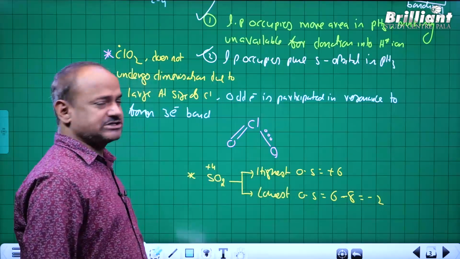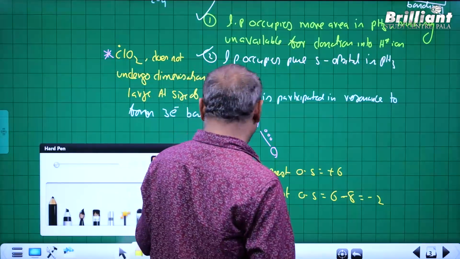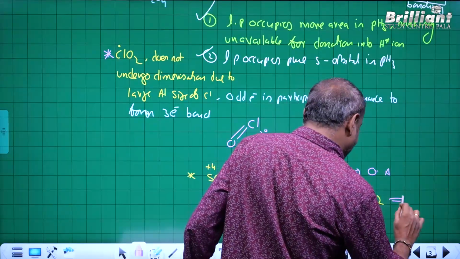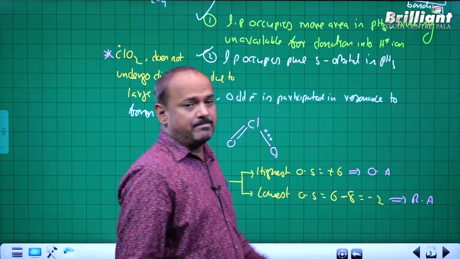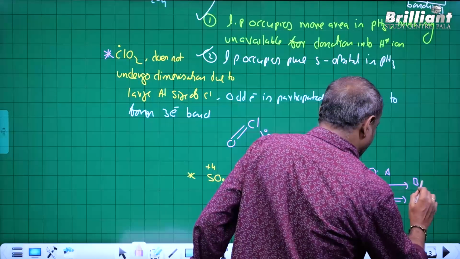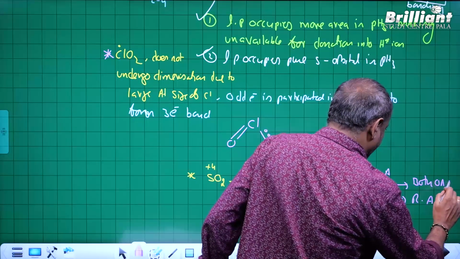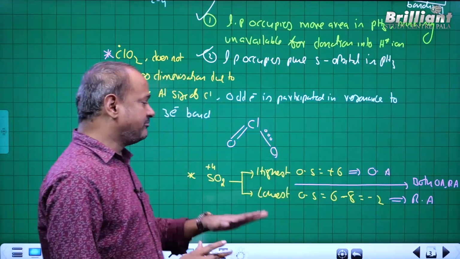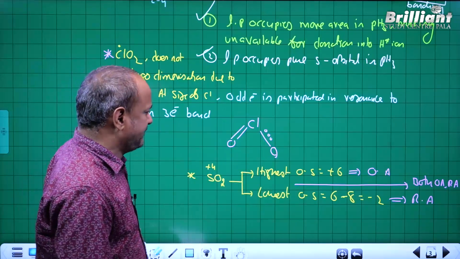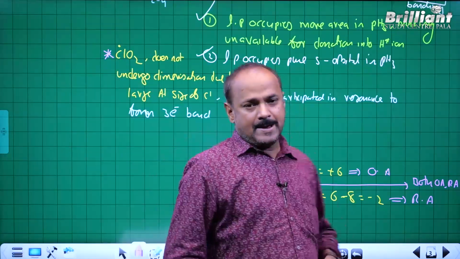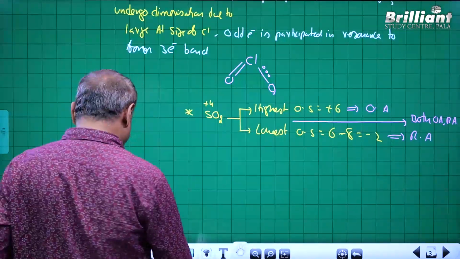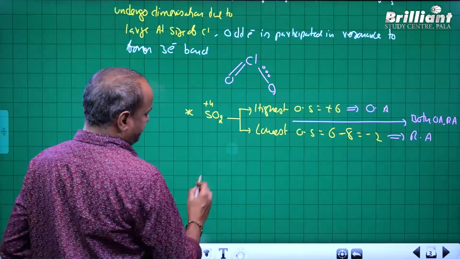So the lowest value is minus 2 and the highest is plus 6. The highest value always acts as an oxidizing agent, the lowest as a reducing agent, and between them it is both an oxidizing and reducing agent. So plus 4 lies between plus 6 and minus 2. That is why it acts as both an oxidizing agent and a reducing agent. But inside one statement is given: SO2 in comparison to TeO2.